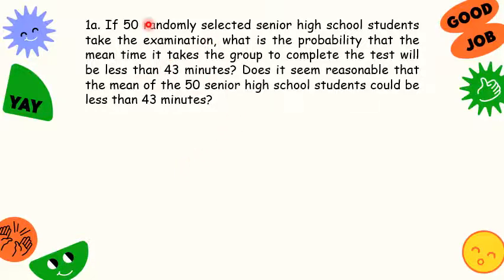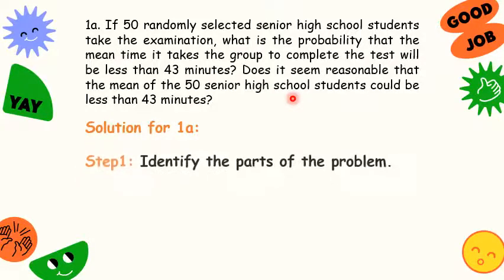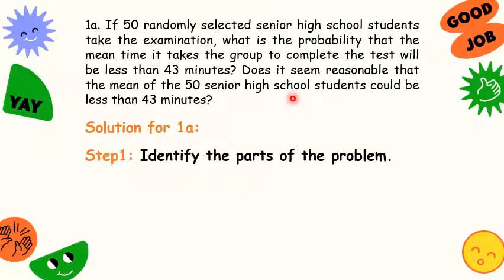So, in this example, meron nang involved na sample size kasi meron ng 50 selected senior high school students. And ang tinatanong na dito is yung probability that the mean time is, nandun ba siya sa range ng less than 43 minutes? So, does it seem reasonable that the mean of the 50 senior high school students could be less than 43 minutes? So, solution for 1A, step 1, same lang po yung steps natin.